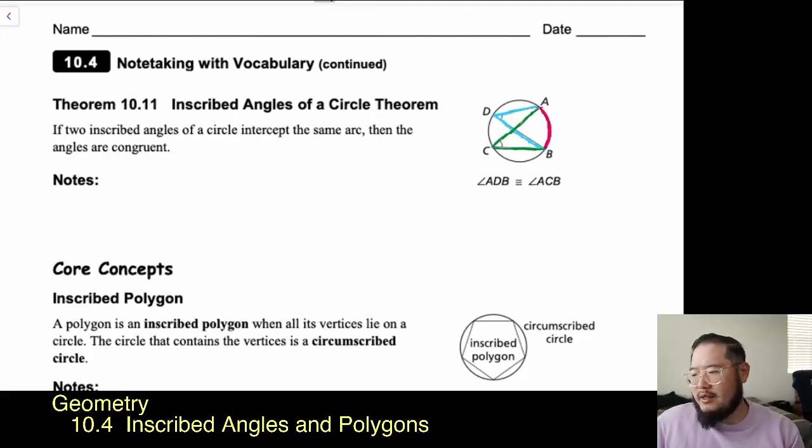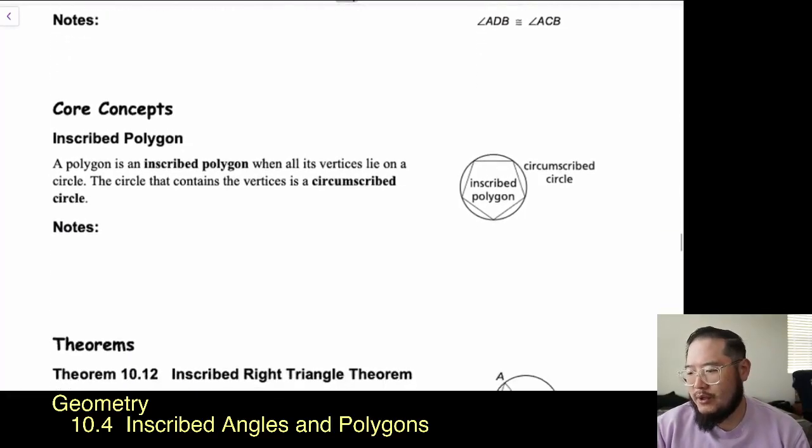And so what that tells me is that those two angles are congruent to each other. So if we have two inscribed angles inside of a circle, and they both intercept the same arc, then the angles are congruent.